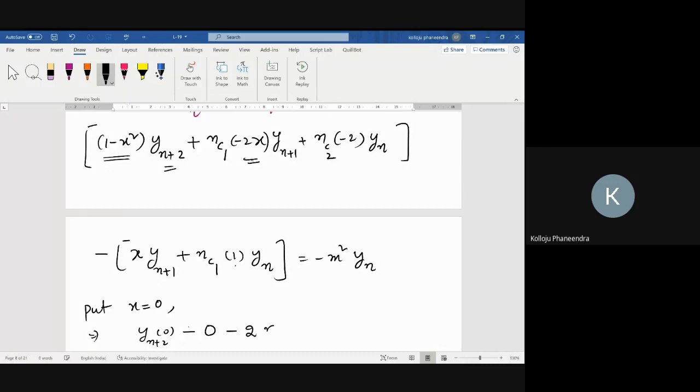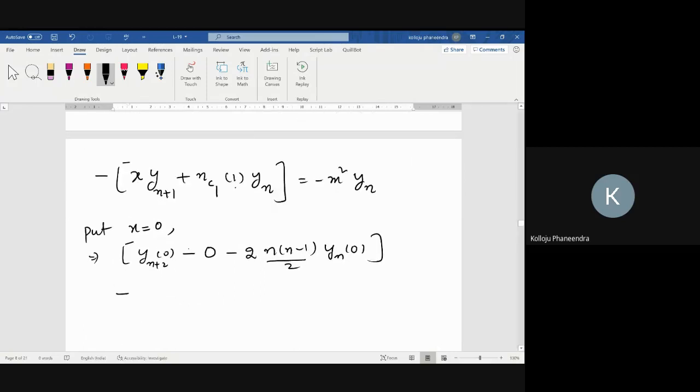Minus 2 into nC2, n into n minus 1 by 2, yn 0. This is the first bracket. And the second one, minus, this x is 0, plus nC1 n yn, equal to minus m square yn 0.